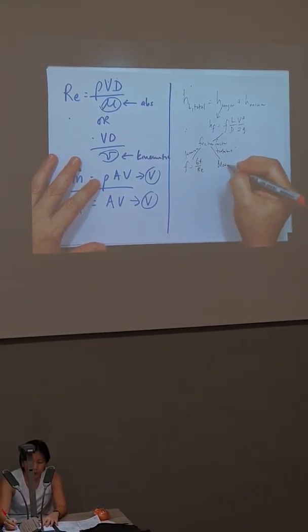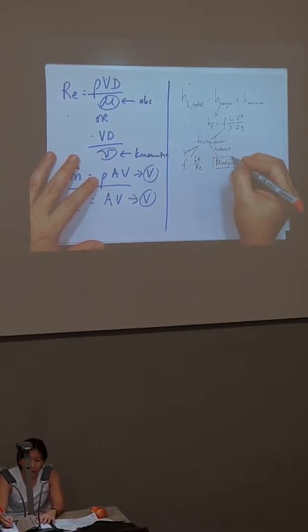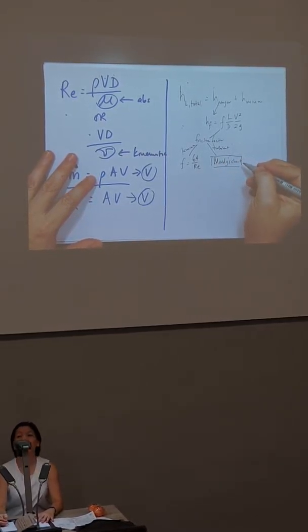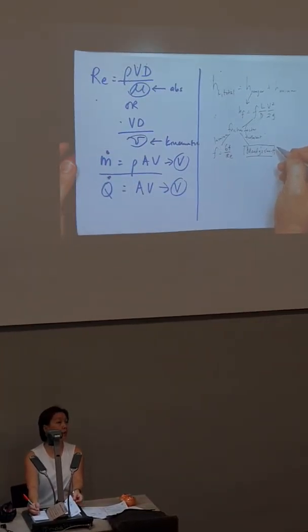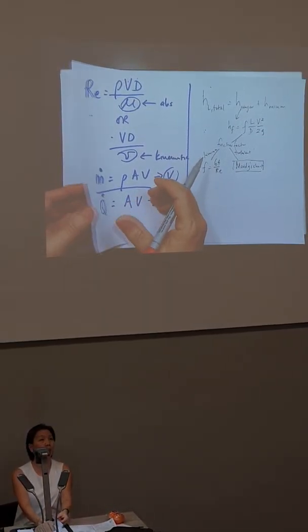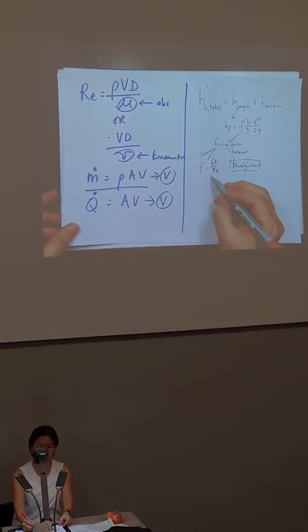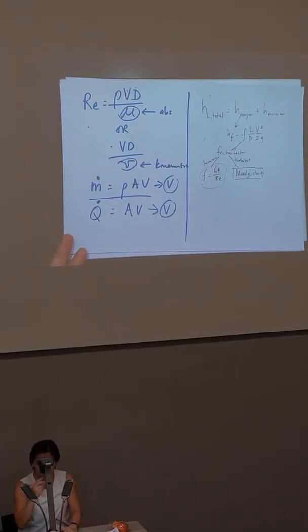Moody chart. So you read off from Moody's chart. You should have had some practice during your tutorial. But in the exam, I don't expect you to read off from Moody's chart. So if it's turbulent flow, I will give you the value of friction factor. But if it's laminar flow, then I'm expecting you to apply this formula and calculate friction factor.